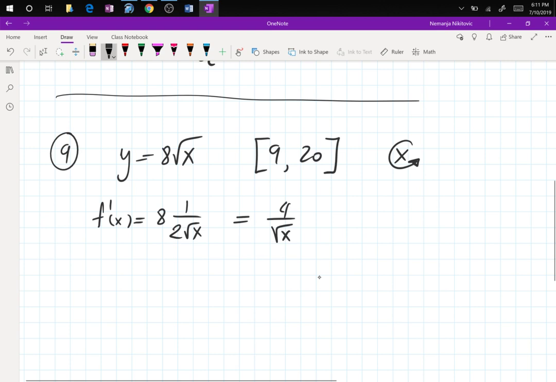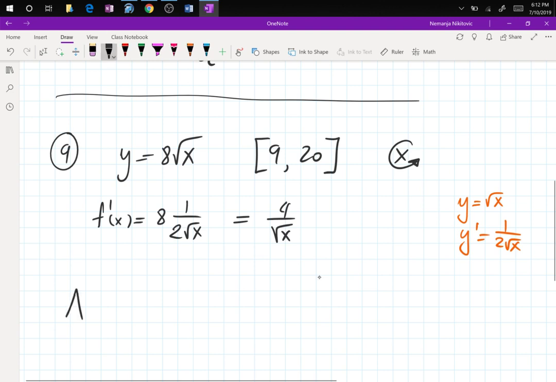So if y is equal to square root of x, y prime is 1 over 2 root x. If you memorize this right now, you are going to see this one a lot in Calc 2. You can still use your n minus 1 rule, because this is x to the 1/2, but it will always simplify into this. So it's faster if you just know it.